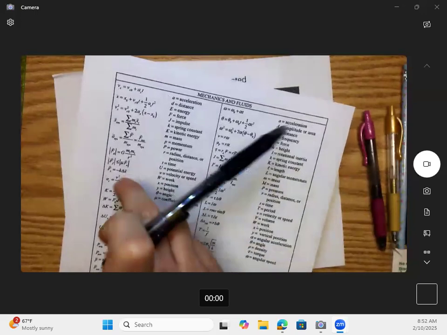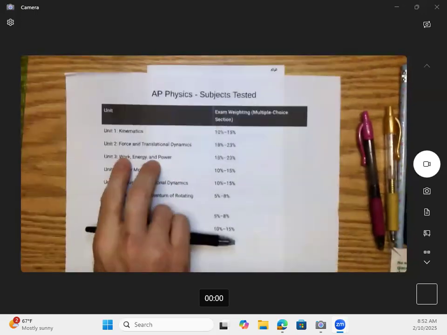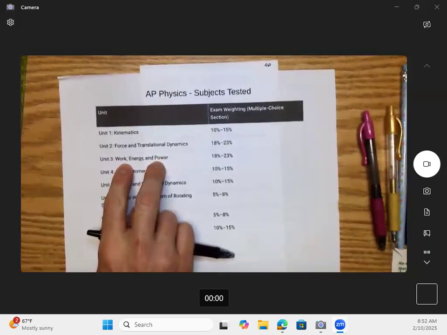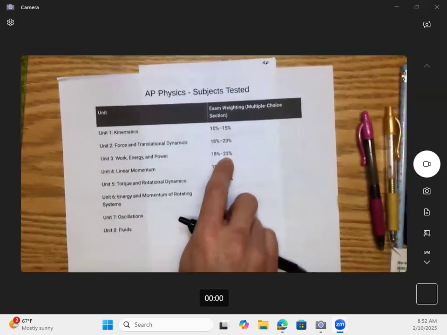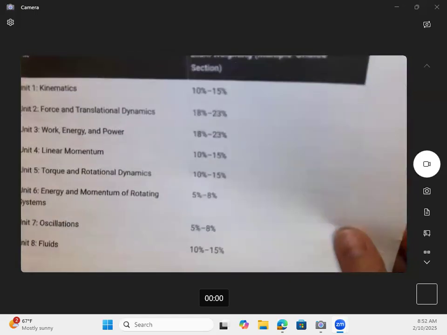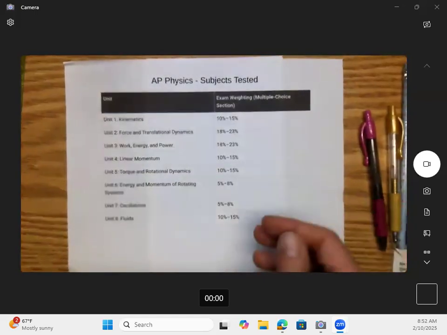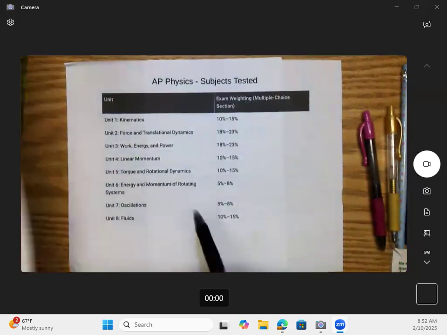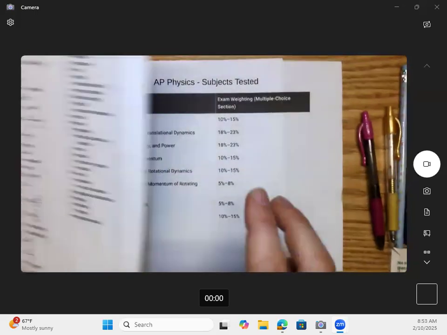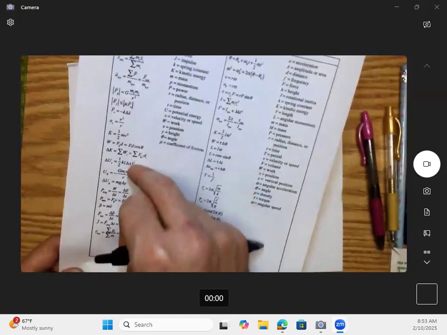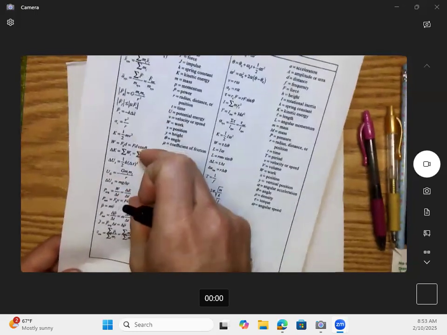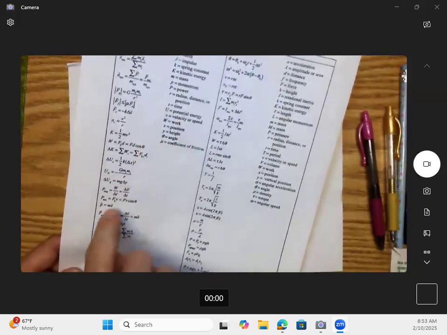And then here's all the energy stuff, which is Unit 3 by AP's book: work, energy, power. That's about the same amount of the exam. It says 18 to 23%, so about 1 in every 5 questions is going to have something to do with energy. Then linear momentum. Does that follow in order? Yes, it does, because here's a bunch of energy, work, and also the power equation.